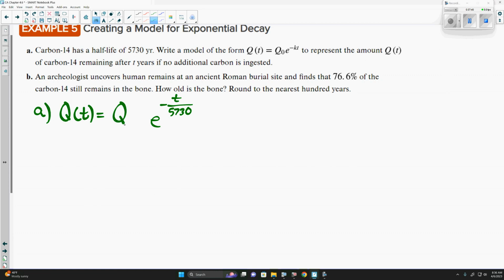And then I believe this is going to be Q naught because they didn't give us an official amount to start with. The moments when I wish I looked at this a moment ago. Chapter 4.